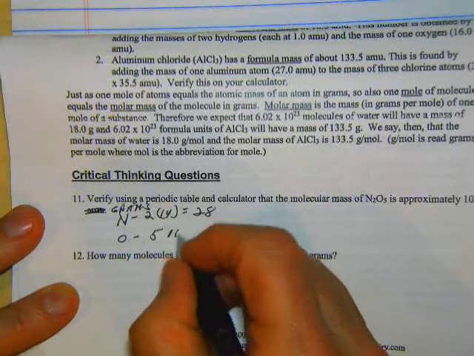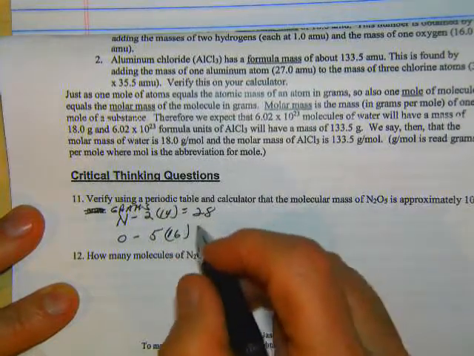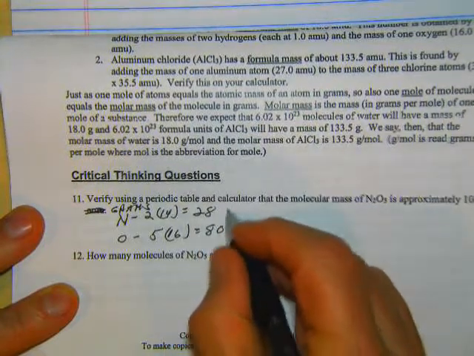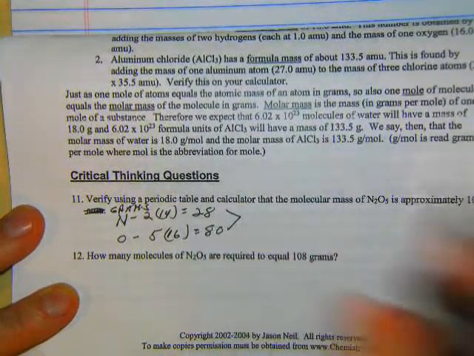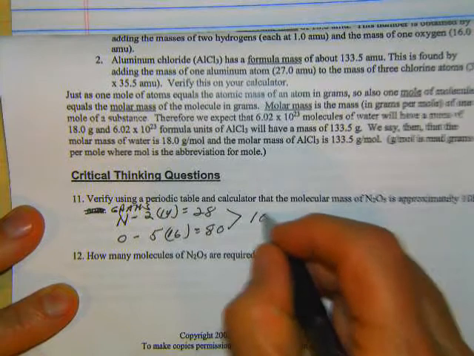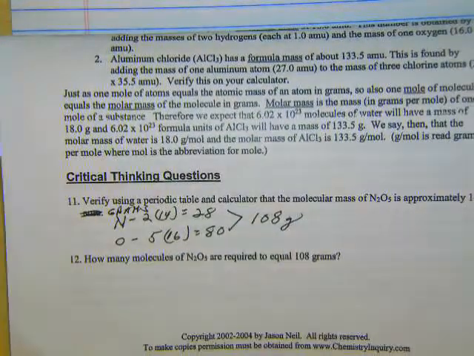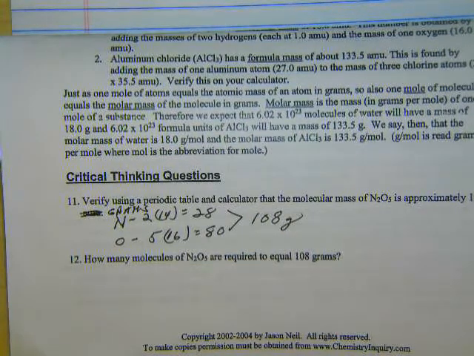Oxygen is 16. So 5 times 16, if my math is right, is 80. So if we add those two together, the atomic mass is approximately 108 grams. And again, I can't stress enough, take your time and write things out as you're doing these problems.